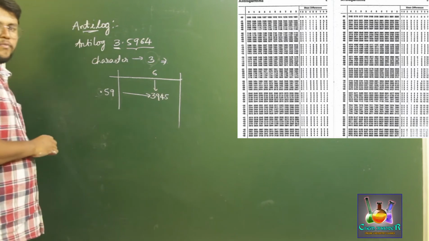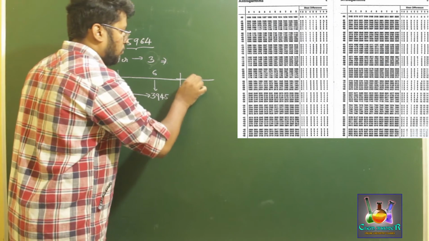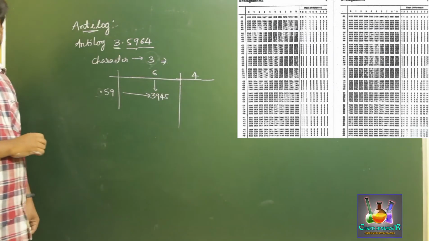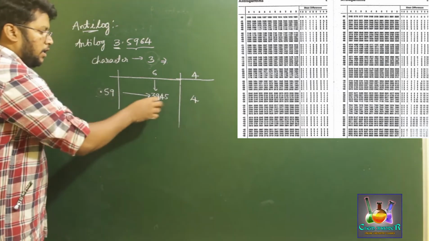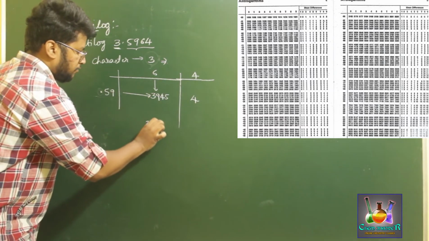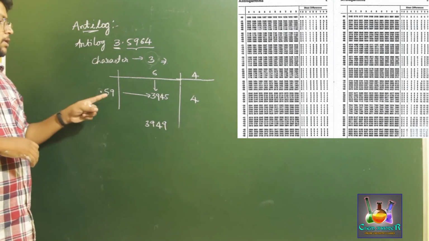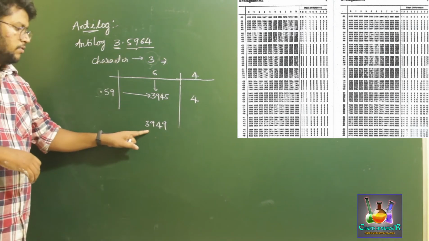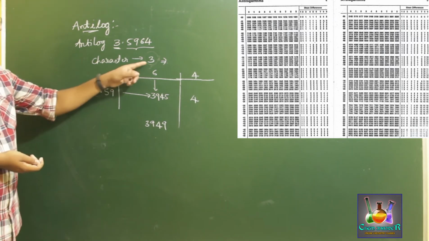The value of 0.59 under the mean difference 4 is 4. Adding these two we get 3949. So this is our value. Now this is not the mantissa, since the mantissa is 0.5964. This is our value. Now what we have to do is use the characteristic 3 they have given us.